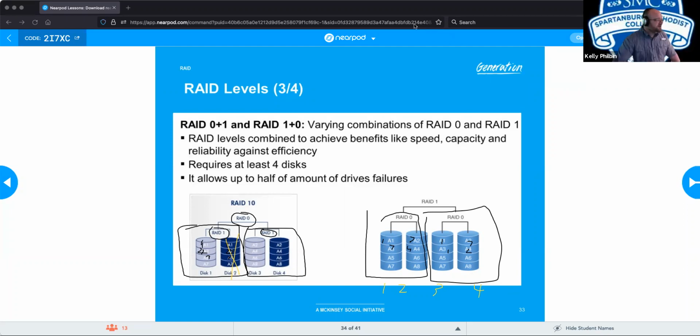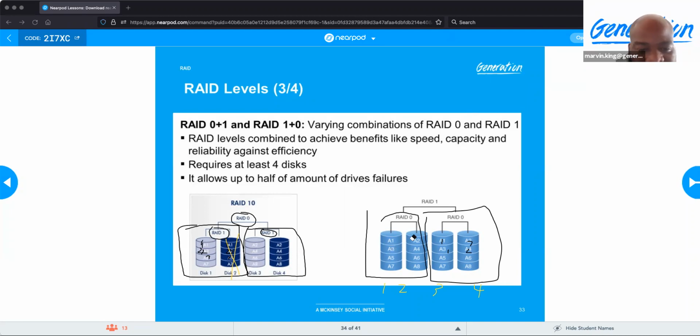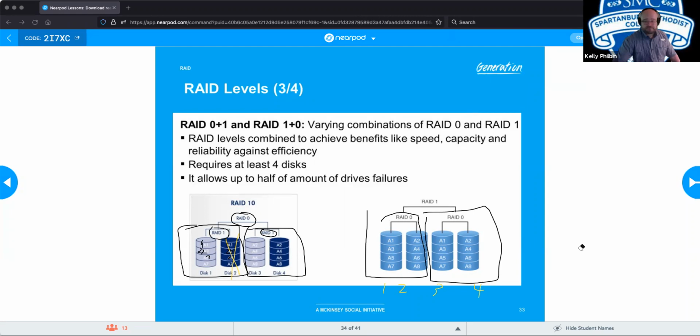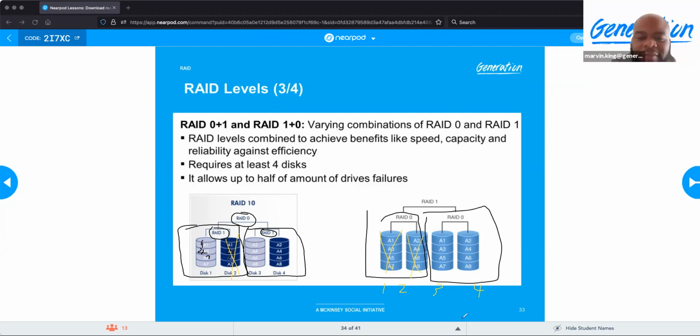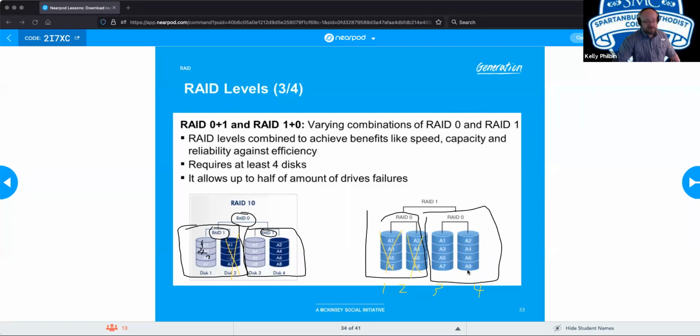We have to look at the way our data is distributed. In this particular one, if I lost drive 1 and drive 2, I would be okay. Exactly. If I lost drive 1 and drive 4, I would be okay.